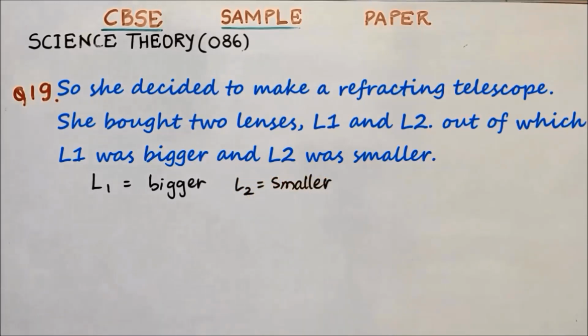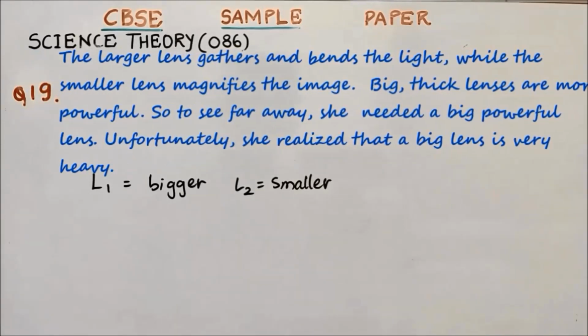Please underline those 2 points. The larger lens gathers and bends the light while the smaller magnifies the image. So the function of the larger lens is to gather more light and bend it towards the smaller lens, and the function of the smaller lens is to magnify it.